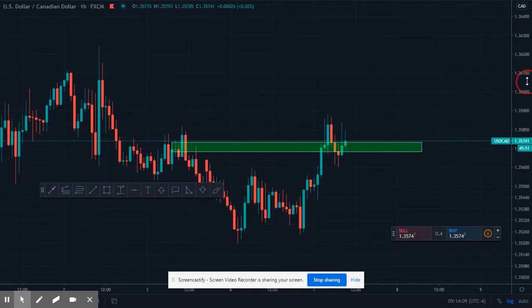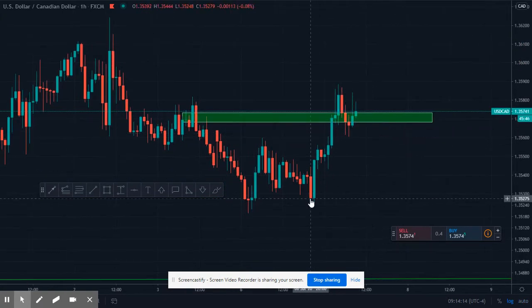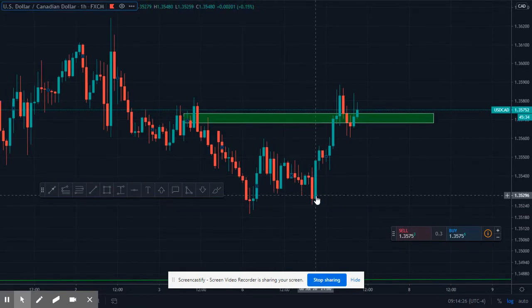I did go down to the 15-minute to find my entry, but we did base our trade off of this move down here. It sort of gave us somewhat of a double bottom in this area right here. Price did come back into a key level of structure down here at the bottom, so we did look for long positions.